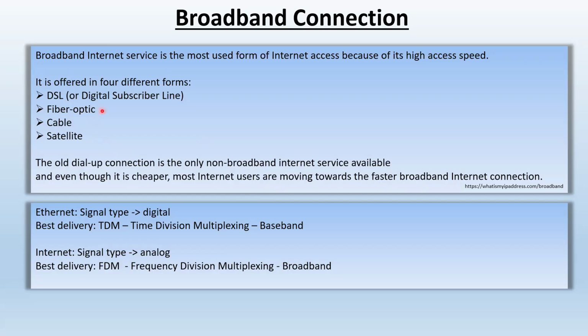By the way, when DSL came up, 5 megabits per second was considered high speed. Now, 30 megabits per second is considered high speed, but kind of like normal. You don't want anything less.